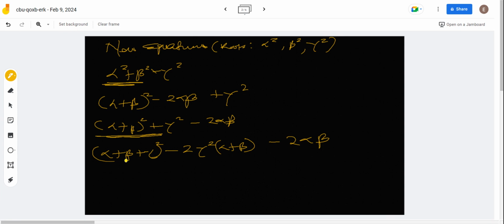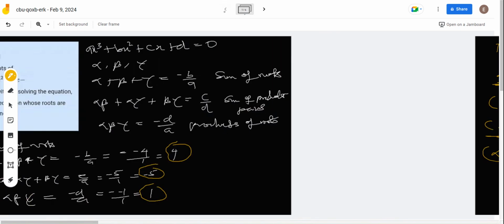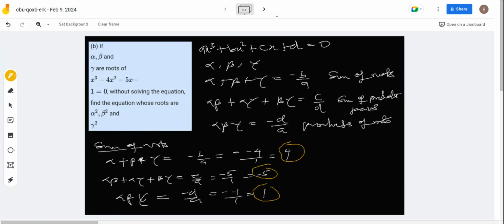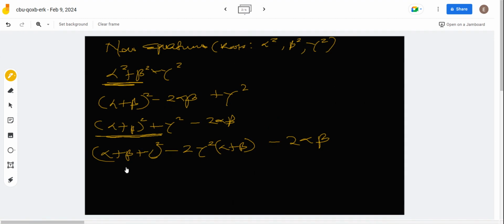We know the value for this: it is the sum of the original roots, which is 4, so this will be 4 squared. Then we open the bracket. Sorry, the 2 gamma should not be squared; it is 2 gamma times alpha plus beta. So when you open the bracket, we get 2 alpha gamma, minus 2 beta gamma, then minus 2 alpha beta.